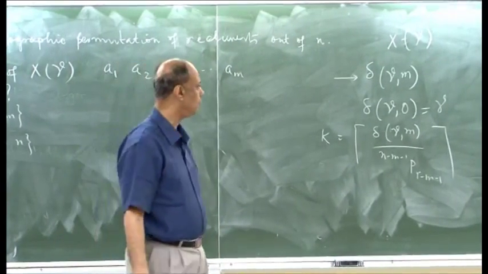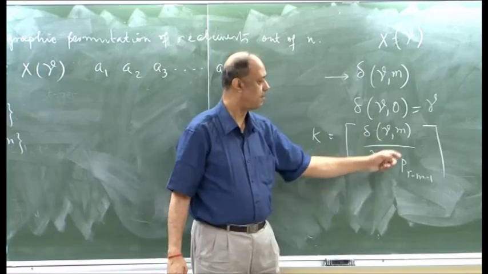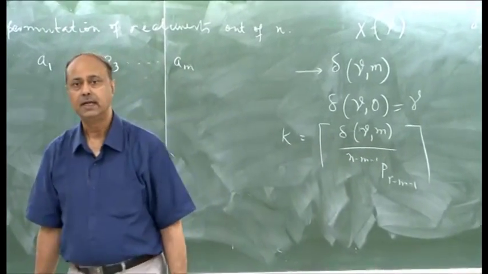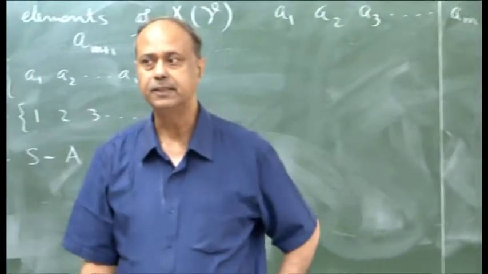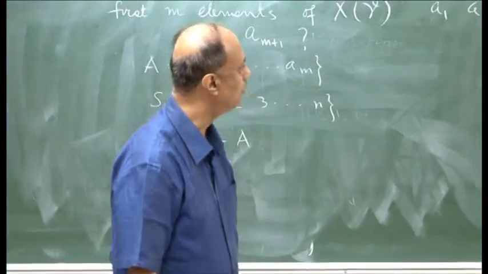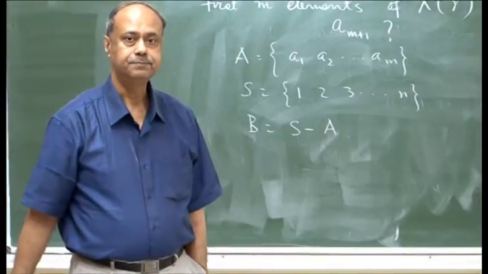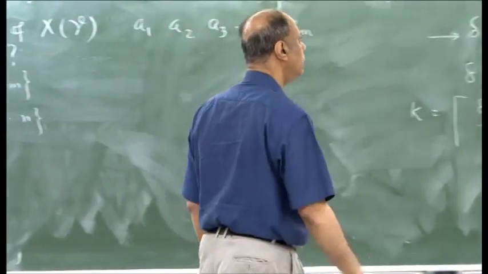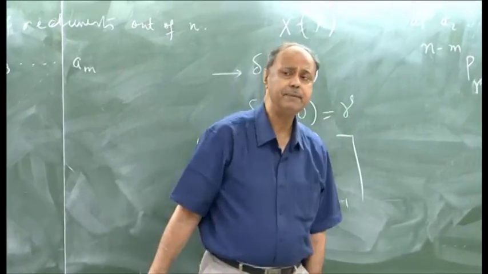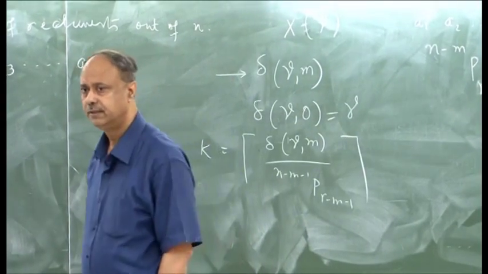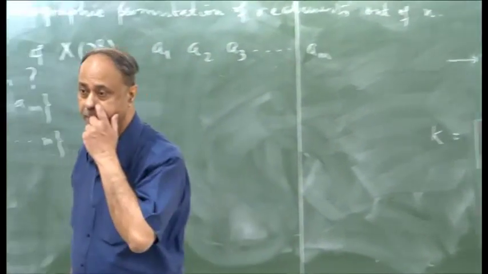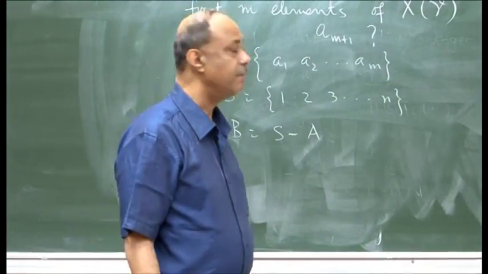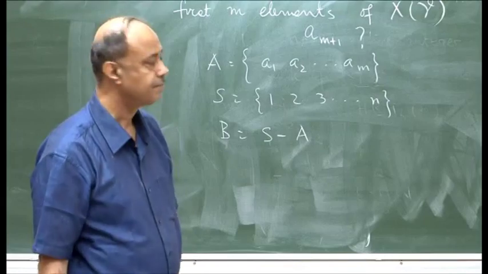To find out the group number, delta gamma m is divided by n minus m minus 1 P r minus m minus 1, and if you take the ceiling function, that will give you the group number of delta gamma m, which is K. Now since we are arranging them in lexicographic order, this K will help me to find the m plus 1th element.